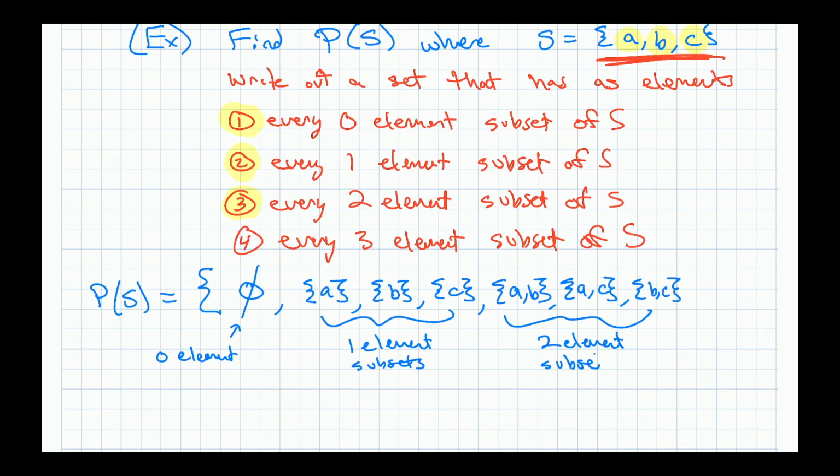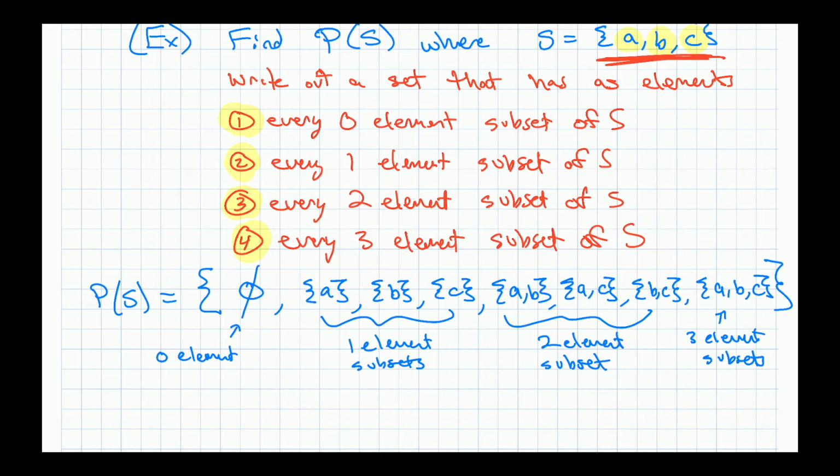You need to get every combination. Last thing, every 3-element subset. Well, S only has 3 elements, so the subset with 3 elements is actually just ABC, the original set. And then we're done, so we can close that set.